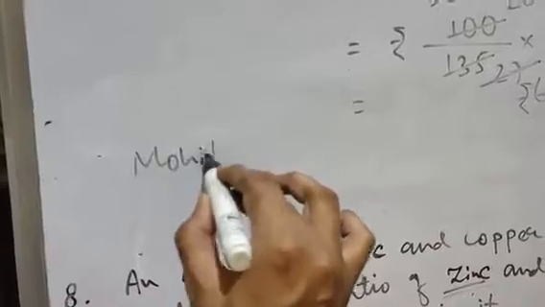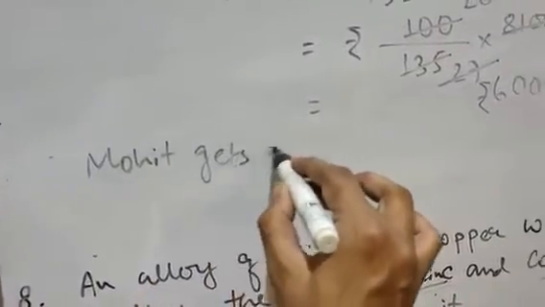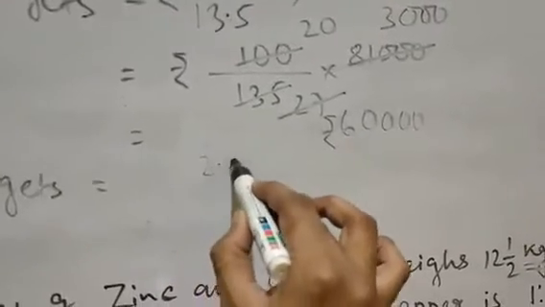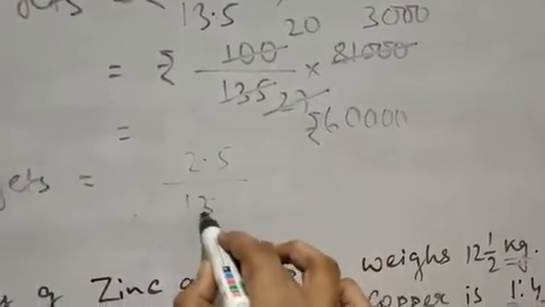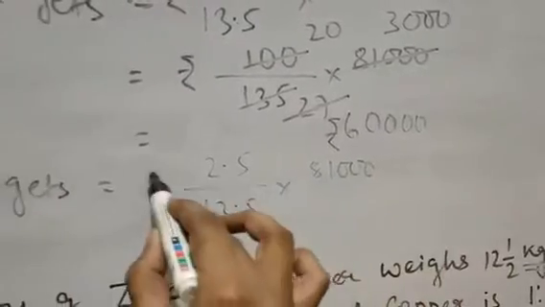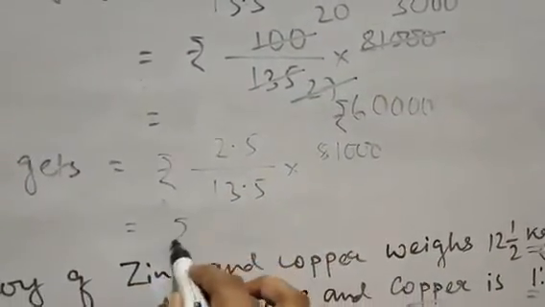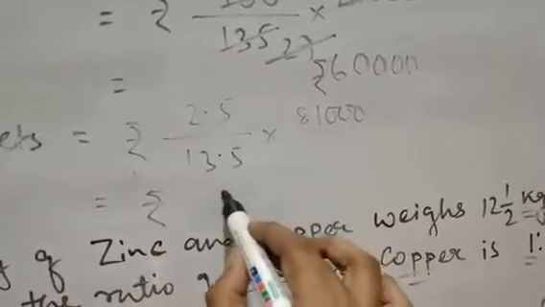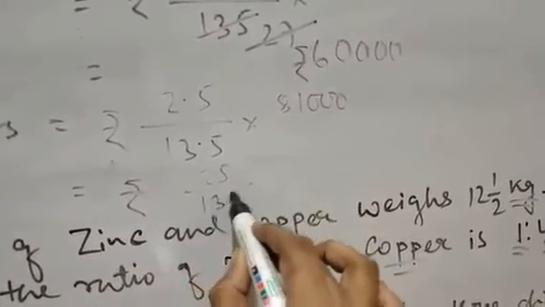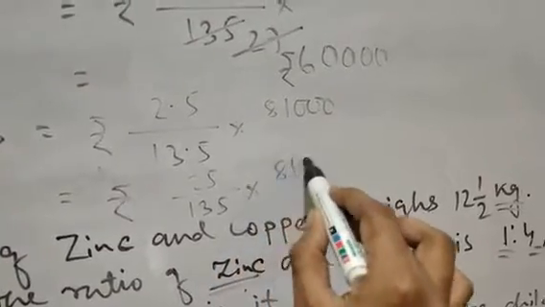Mohit gets, so Mohit 2.5. So numerator 2.5 divided by sum of ratio 13.5 into amount given 81,000. Put a rupees sign here. Now omit decimal. So it will be 25 over 135 into 81,000.